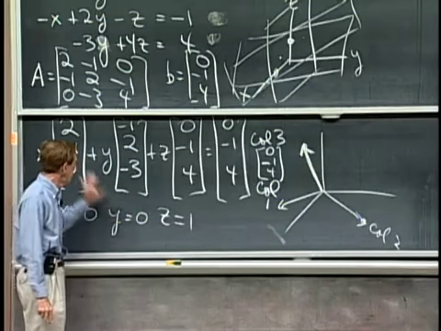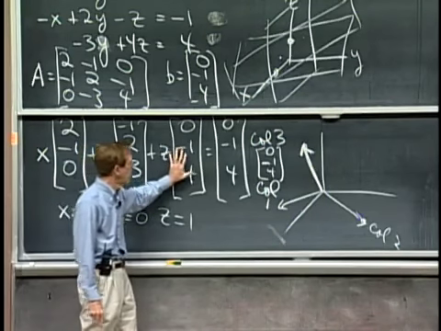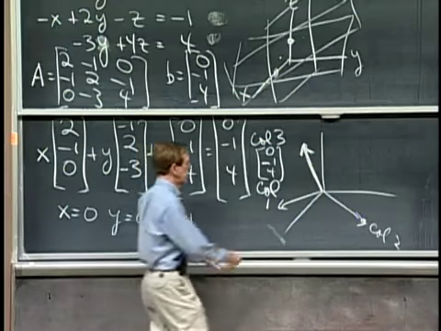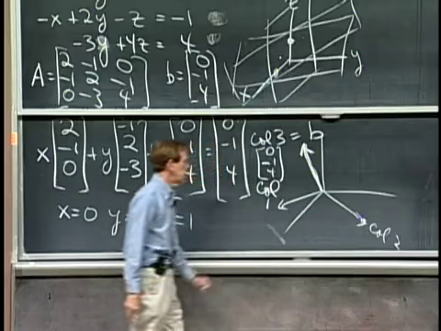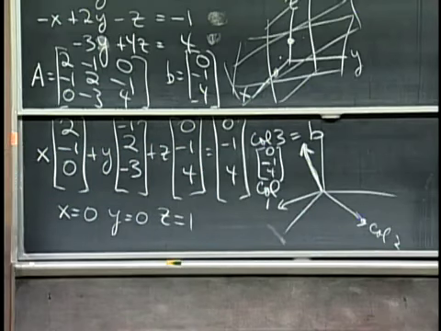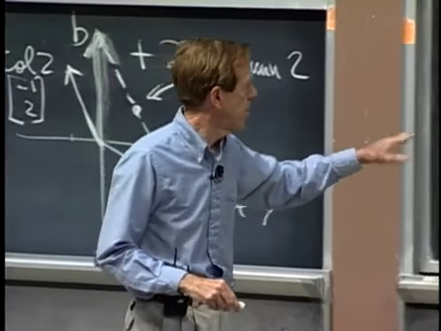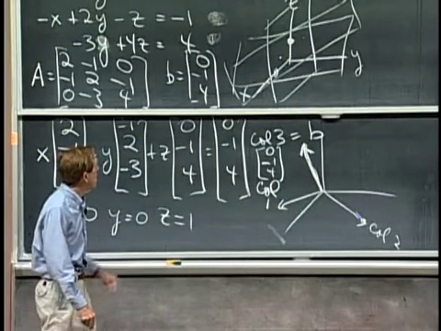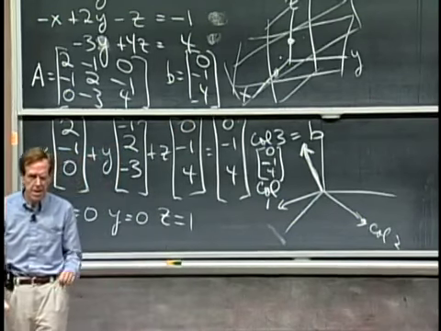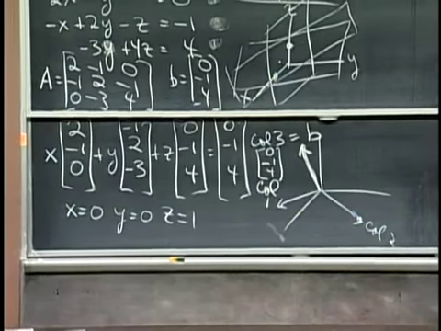That's the combination. None of that, one of those is obviously the right one. So this column 3 is actually the same as b in this particular problem. I made it work that way just so we would get an answer, 0, 0, 1. So somehow that's the point where those 3 planes met, and I couldn't see it before.